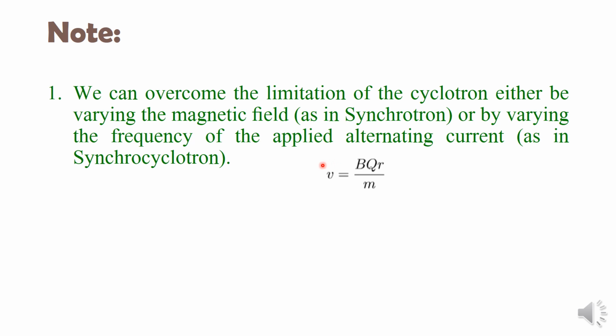Therefore, such an arrangement is made in another type of particle accelerator, which is called a synchrotron. Now, another way of eliminating this limitation is by varying the frequency. You can vary the frequency according to the time taken by the particle to enter into the gap. Such an arrangement is made in another type of accelerator, which is called a synchrocyclotron.